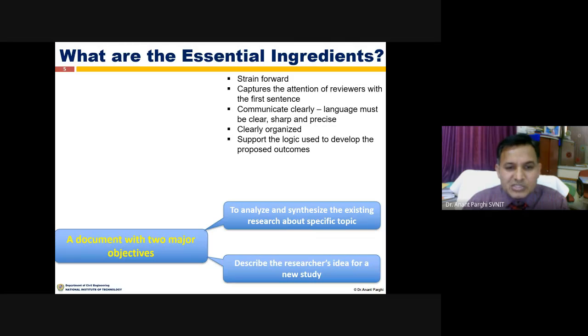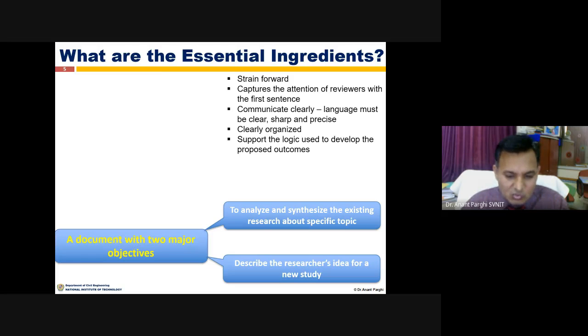It should capture the attention of the reviewer with the first sentence. You have to do a lot of literature review, because the reviewer's eye should be captured by your project only. Communicate very clearly; language must be clear, sharp and precise.